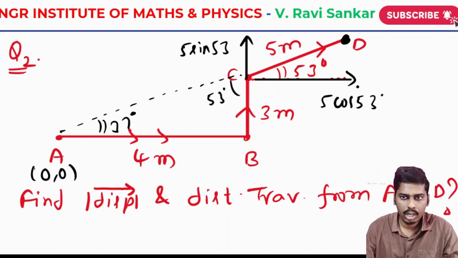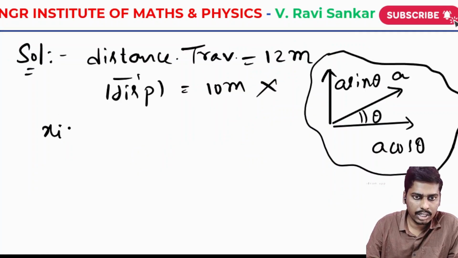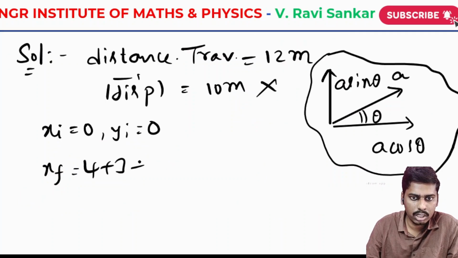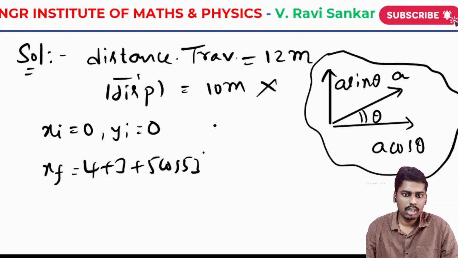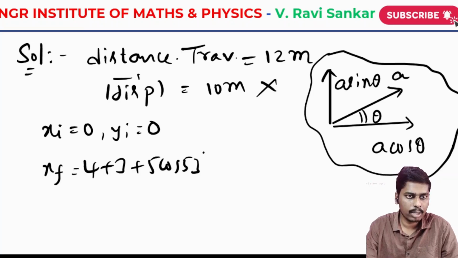The initial point is 0 comma 0, so x initial is 0 and y initial is 0, and x final is 4 plus 5 cos 53, not 3, 4 plus 5 cos 53.